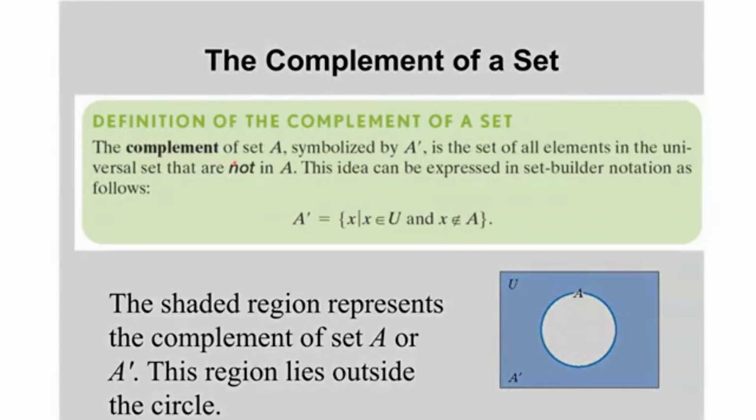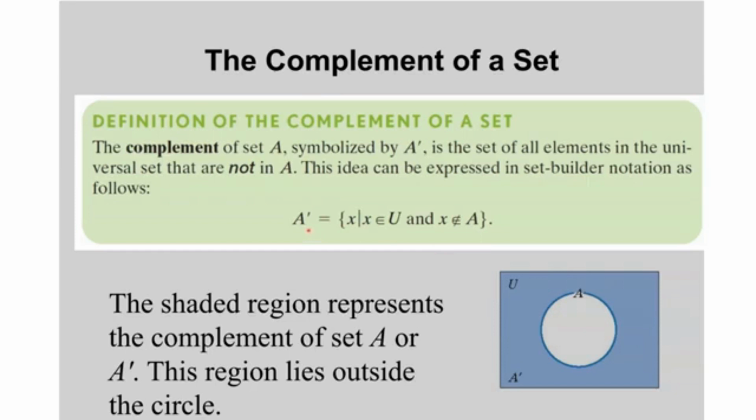The complement of set A, symbolized by A prime, is the set of all elements in the universal set that are not in A. This idea can be expressed in set builder notation as follows.